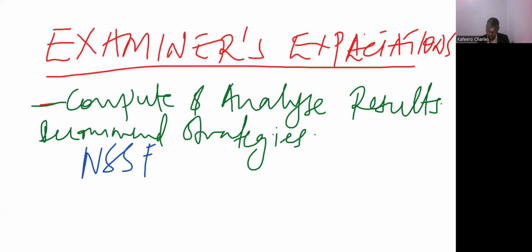Or you analyze based on the performance and say, based on the results you've got, you recommend A, B, C, D based on the computations you've done. So you don't simply compute and leave it there. You have to compute, analyze those results, and then be able to recommend strategies.